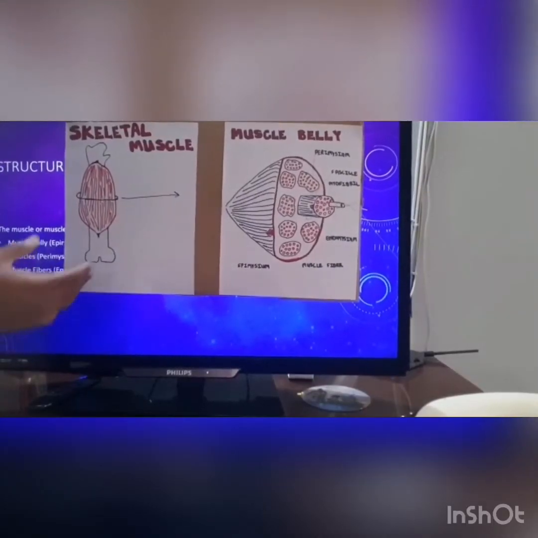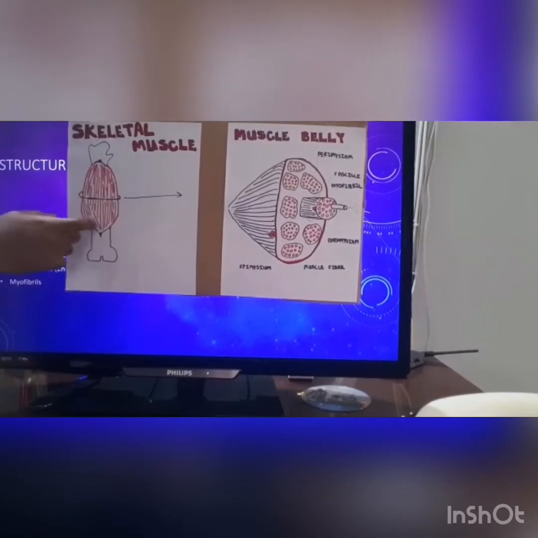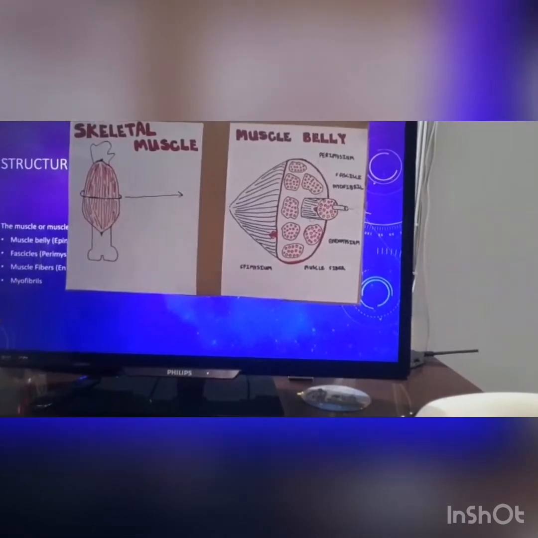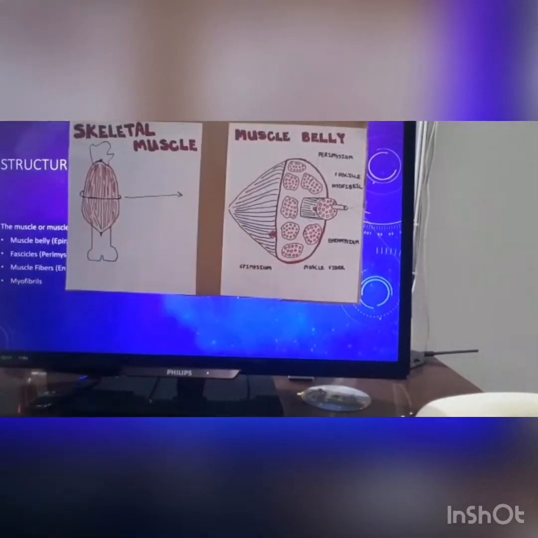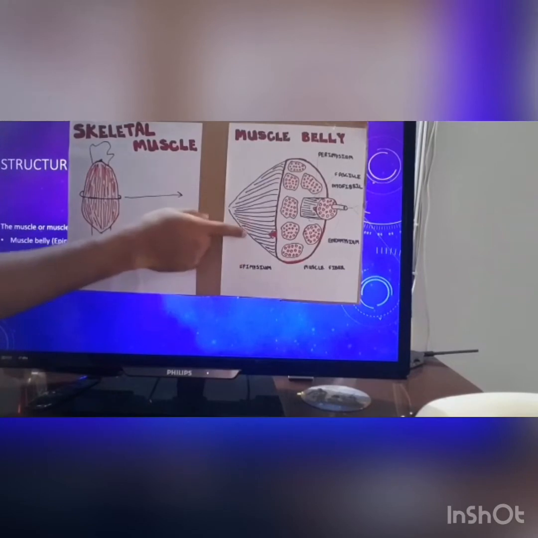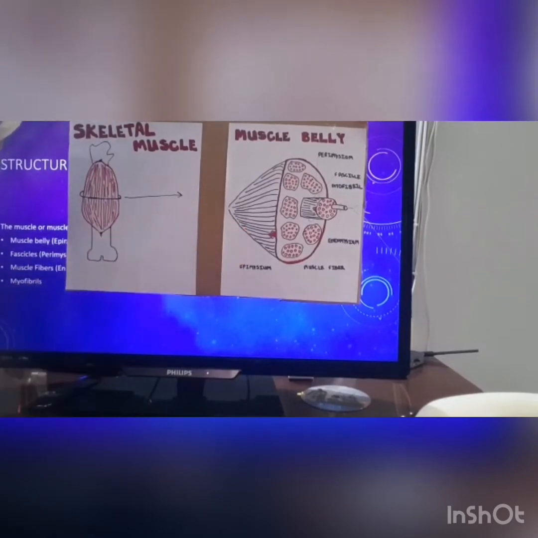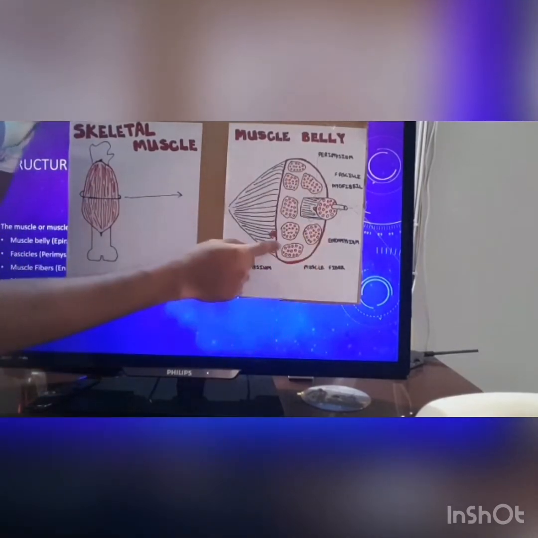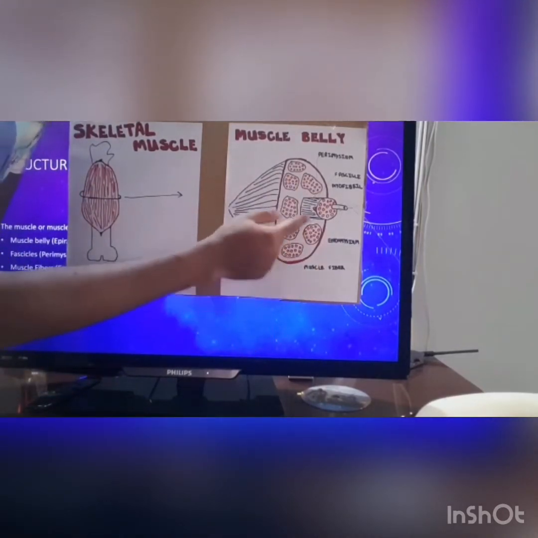And so here we have a simple skeletal muscle, and we make a transverse cut so you're able to see inside the muscle, right? This is called a muscle belly, and the muscle belly has a dense connective tissue called the epimysium, and then there's a bunch of different circles in there, the big circles called fascicles, right?